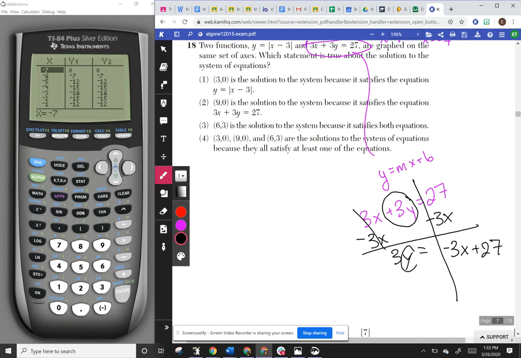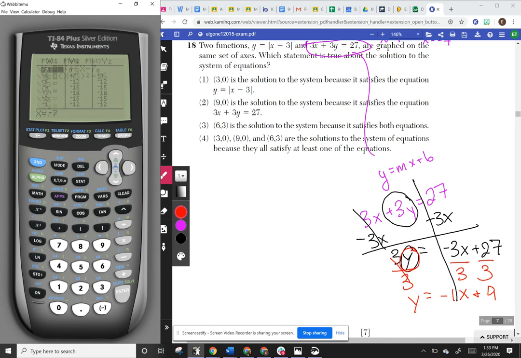Okay, now we need to get the y by itself. So to do that, we divide everything by 3. And we get y equals negative 3 divided by 3 is negative 1x, 27 divided by 3 is positive 9.